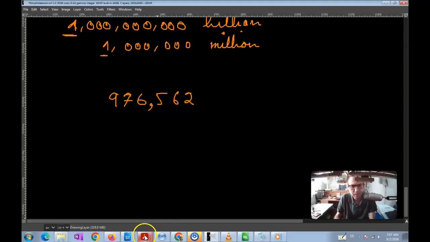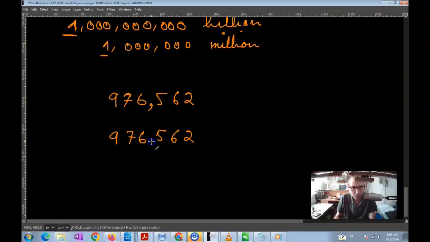In the Indian system of numeration, the same digits you would read this way, and also the way that you use the comma is different.